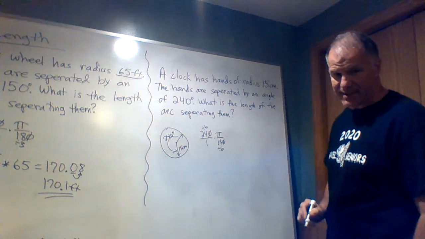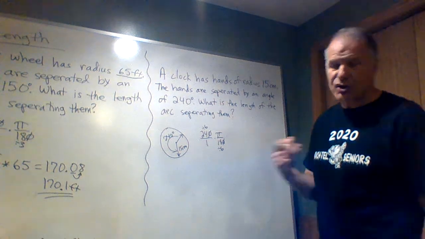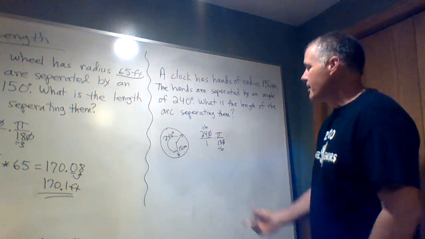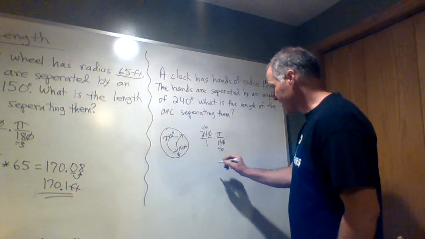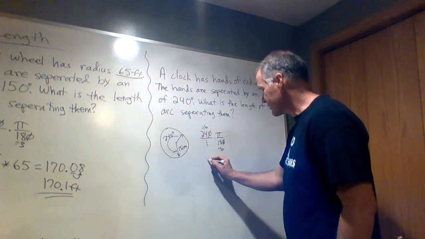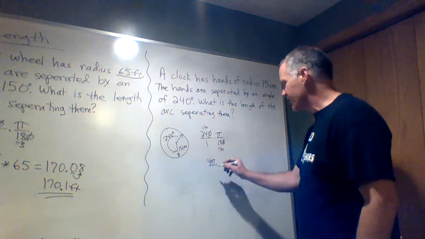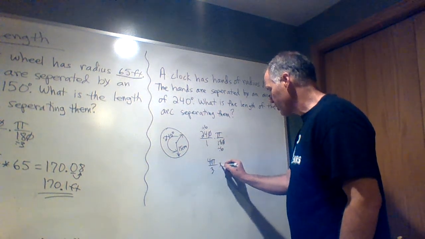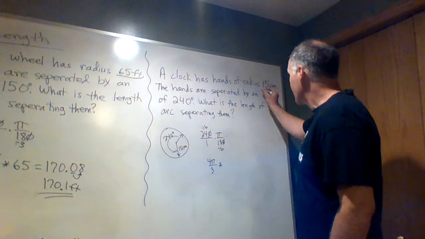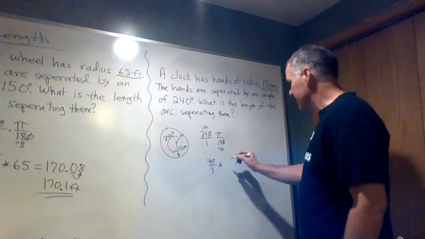So actually 6. If you pick 3 or 2, you would have to do it twice. So 24 divided by 6 is 4, so 4 pi, and 18 divided by 6 is 3. So 4 pi over 3 times our 15 centimeters.